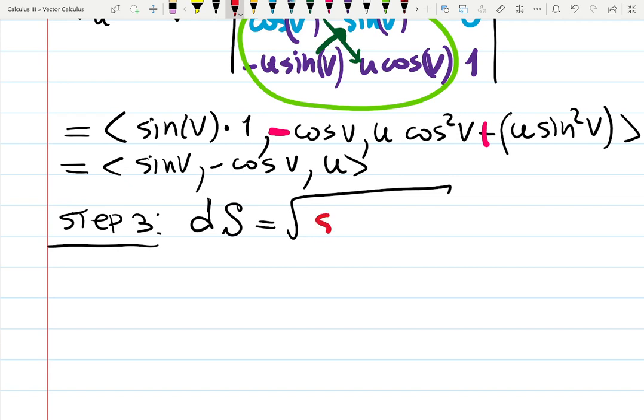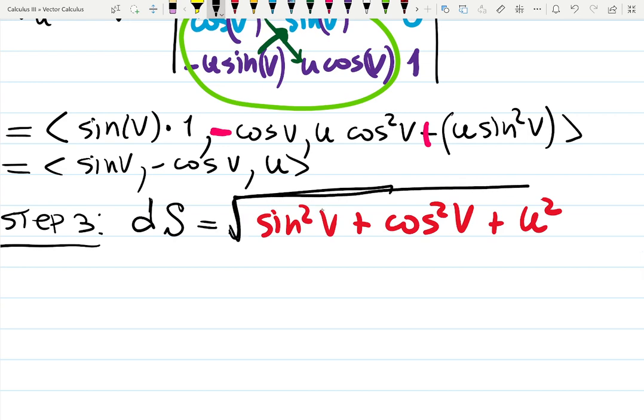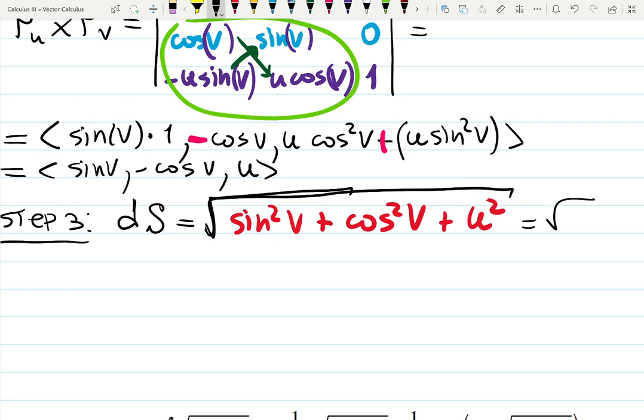So we do sine squared plus cosine squared. I'm ignoring the negative sign because it's squared. Plus u squared. Agree? Magnitude. That simplifies nicely into 1 plus u squared. Looks amazing.